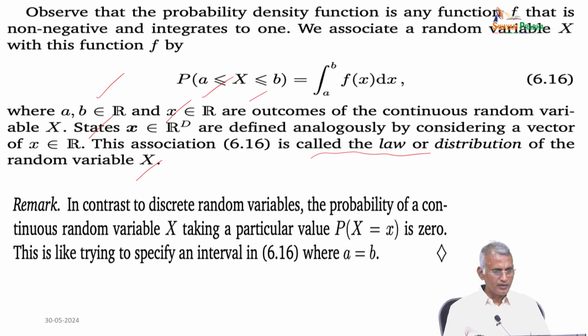Next, note that in contrast to a discrete random variable, the probability of a continuous random variable x taking a particular value, probability of x equal to small x, is 0. This is like specifying an interval where a equals b. If a equals b, it becomes the interval from a to a.